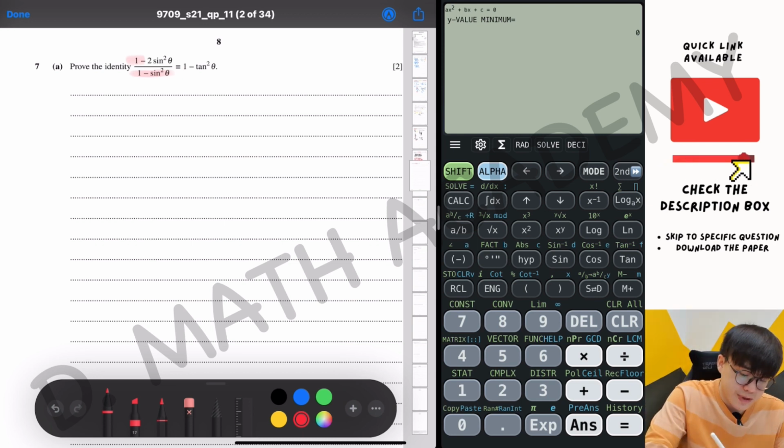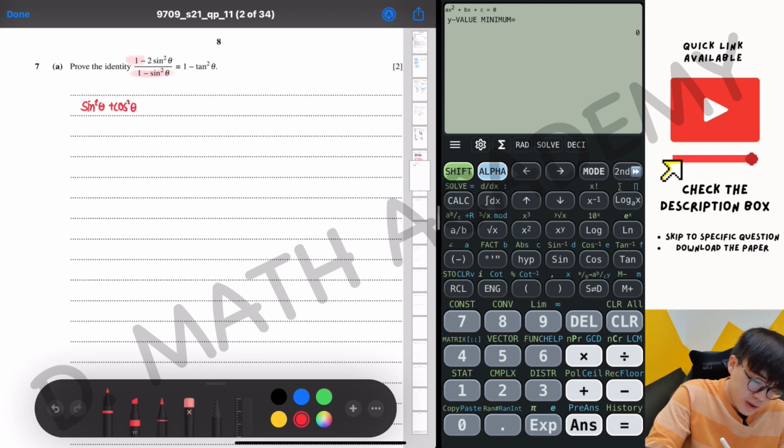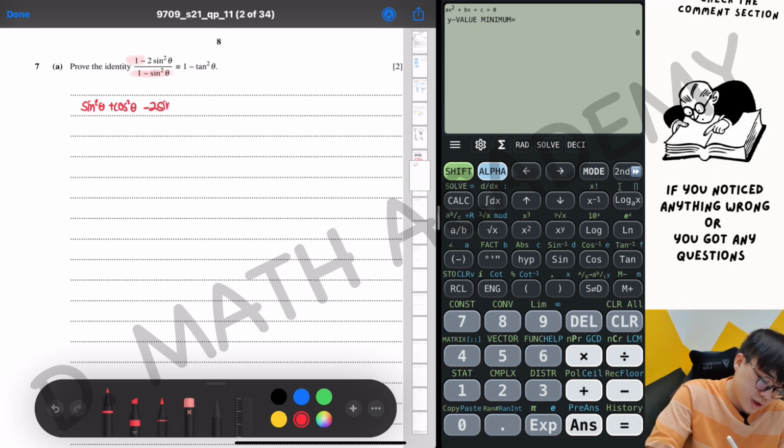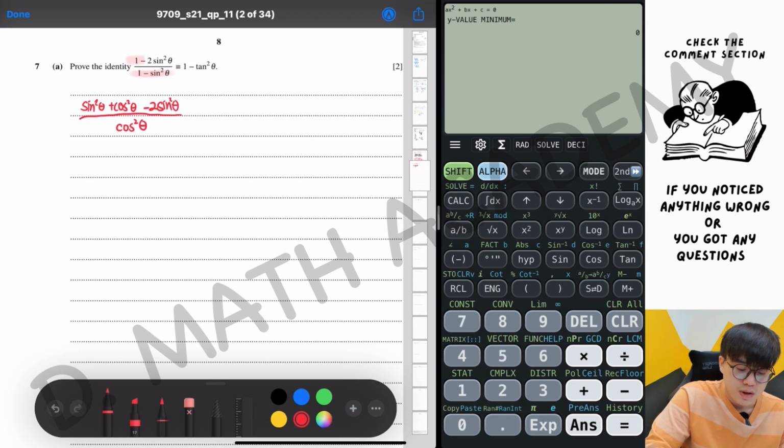Okay, so personally I identified that the 1 can be written as sine square theta plus cos square theta minus 2 sine square theta. And the other thing is that the denominator here can be written as cos square theta. So when we run the calculation, you actually get cos square theta minus sine square theta over cos square theta.